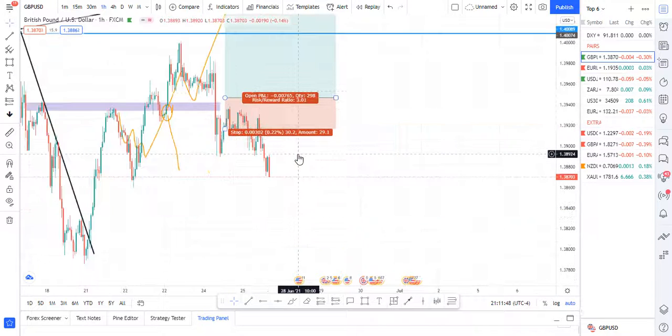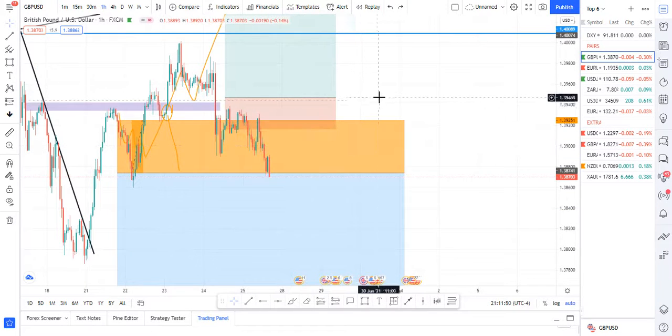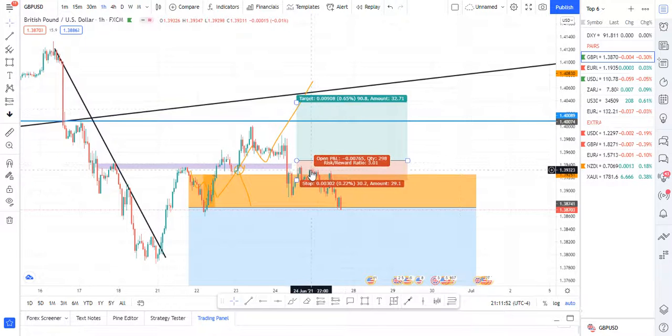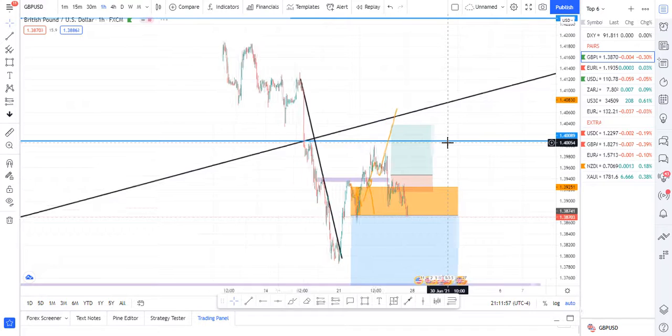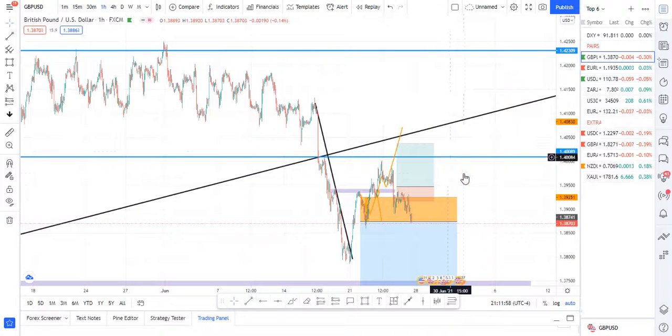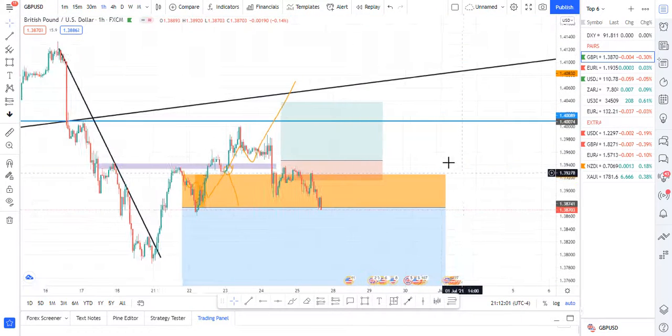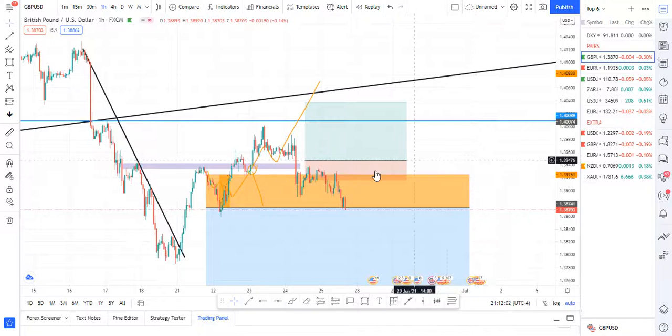And it took me out, fortunately. Then after taking us out, I made sure to put in a sell, to be prepared for a sell, like I said, if price has to reject at this price. And look what happened. It did reject, but it didn't reject there.